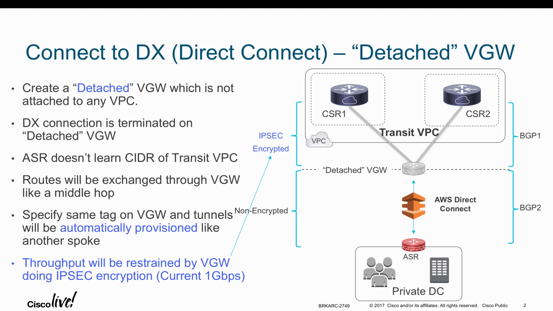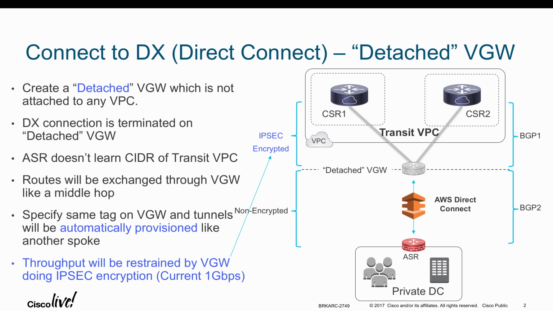After people build the transit VPC, one of the most asked questions is how they connect back to their on-prem through AWS Direct Connect. The first option, which is also listed in the AWS deployment guide, is to create a detached VGW.